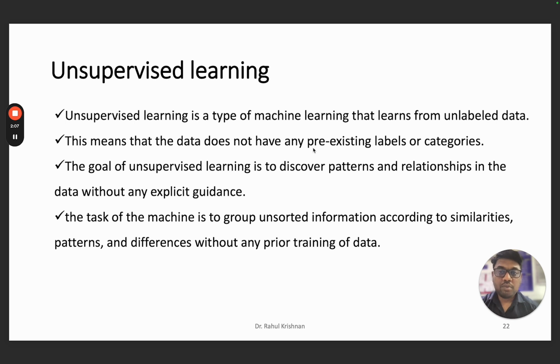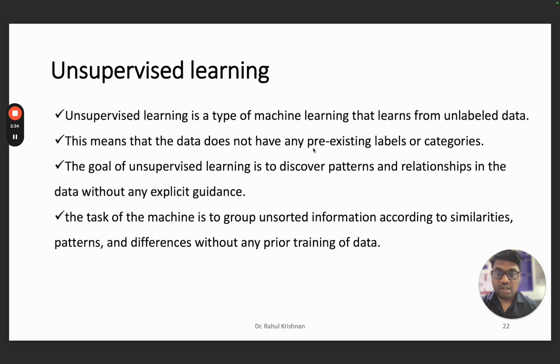The goal of unsupervised learning is to discover patterns within the data, or relationships among the data set, which is not labeled, without any explicit guidance. We are not going to tell the model what the output will be. If you load a data set, the machine learning model itself finds the pattern or relationship within the data and learns by itself.